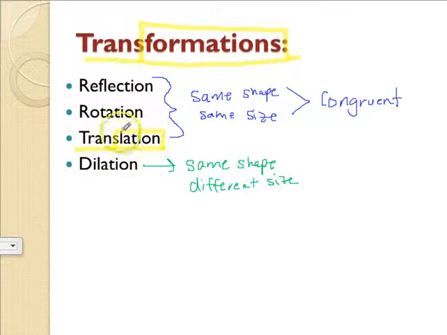A translation is a type of transformation. Just like if we were talking about cars, we could talk specifically about different kinds of cars. We've got Jeeps, we've got Subarus, we've got Corvettes. Those are all different types of cars. And that's the same thing here. Rotations, reflections, translations, dilations are all different types of transformations.